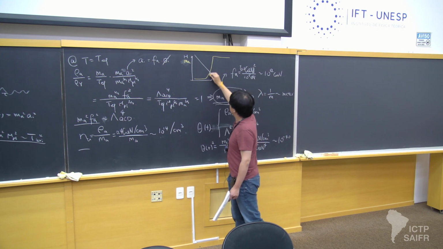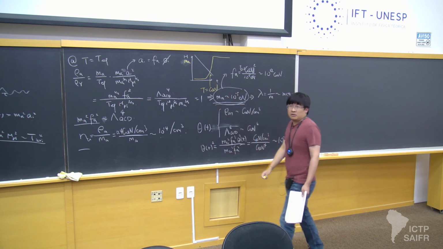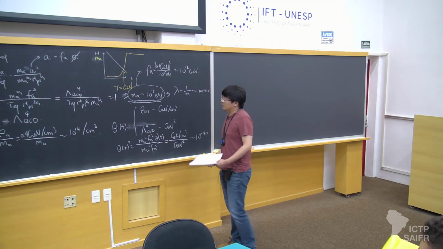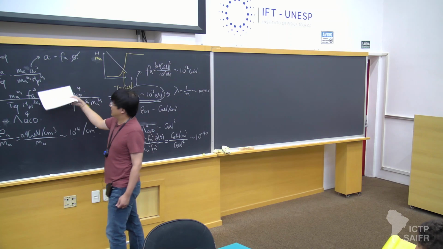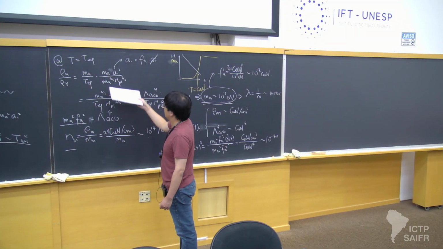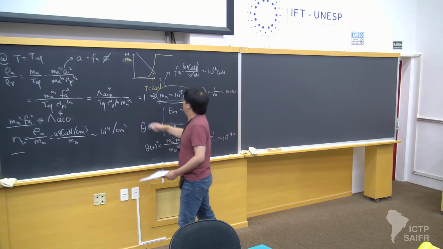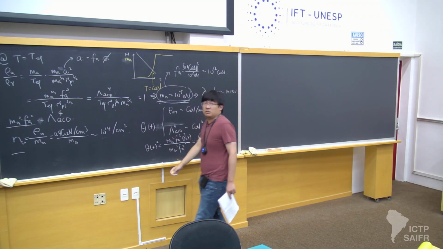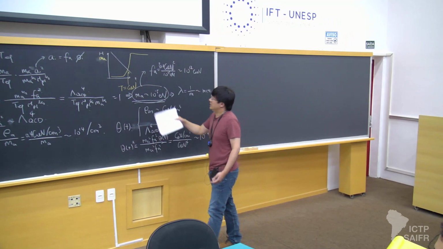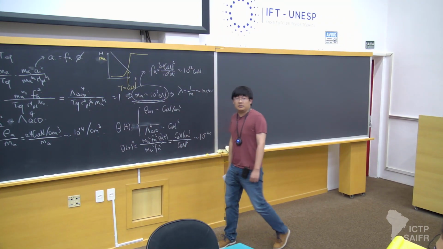The time this happens is when the temperature of the universe is roughly 1 GeV. So in reality, the time when m_a equals Hubble is a little bit different from what I estimated. And there's also a WKB approximation to do to get exactly the correct axion density.